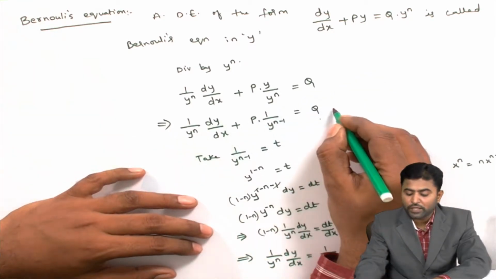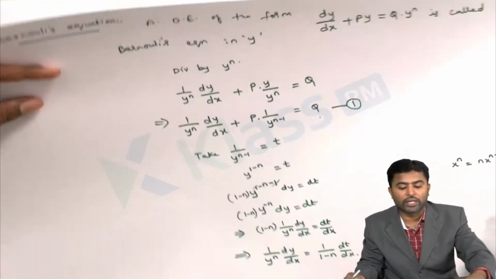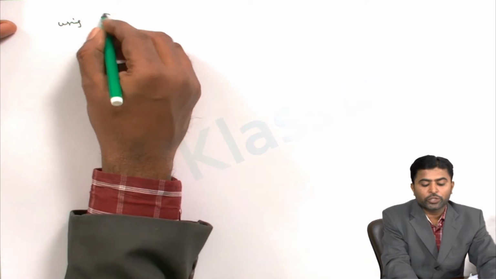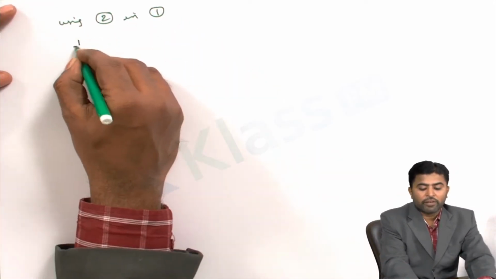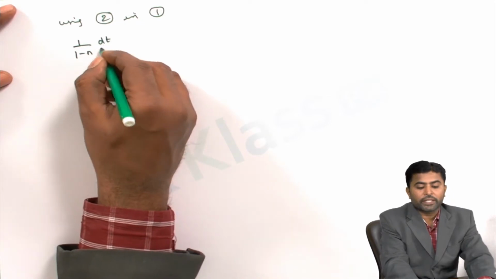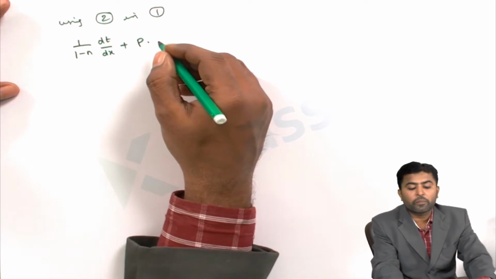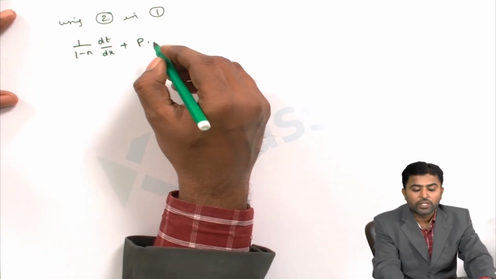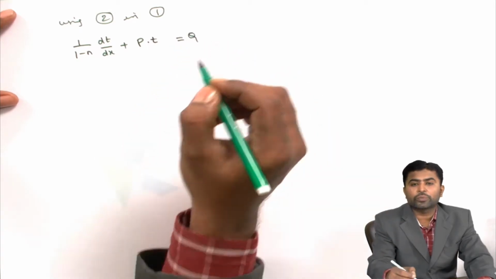So I'll write this particular equation as 1 and this as 2. I'll use equation 2 in 1. So we get 1 by 1 minus n dt by dx plus p into t is equal to q, since we have taken 1 by y power n minus 1 as t.